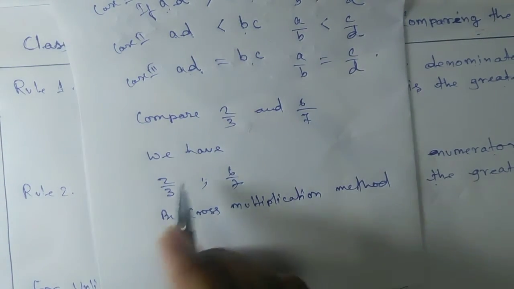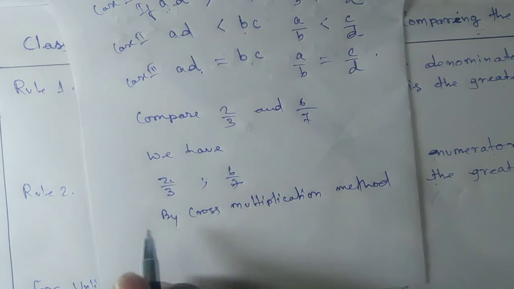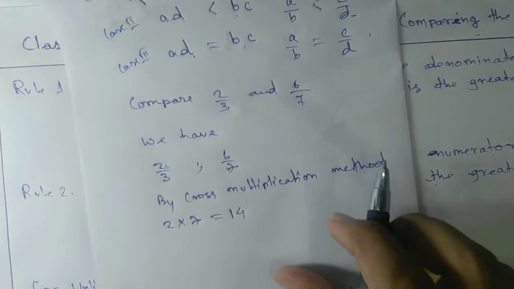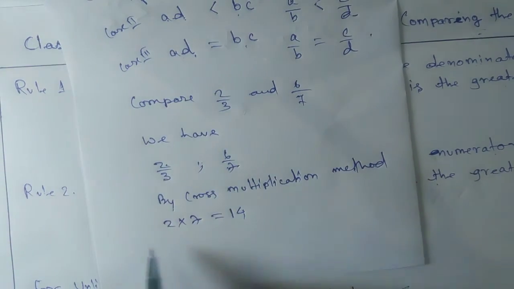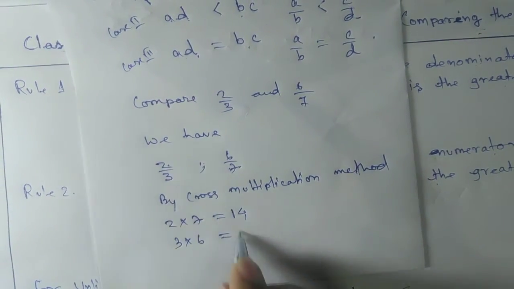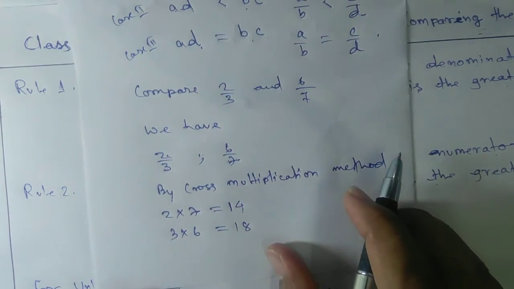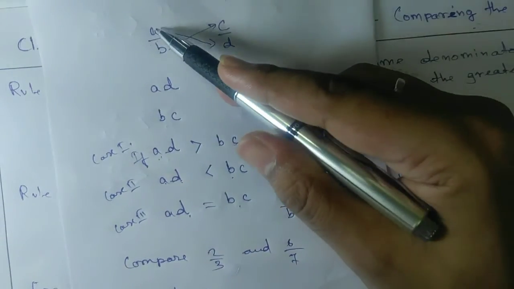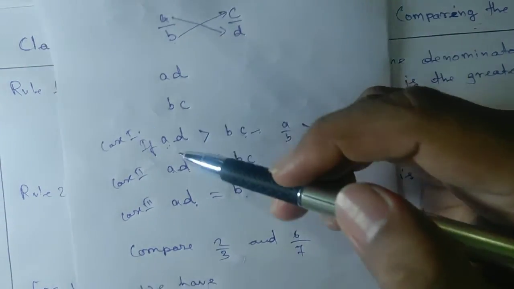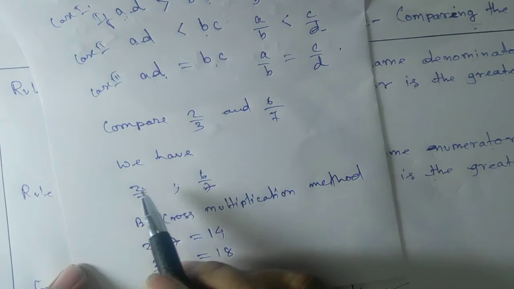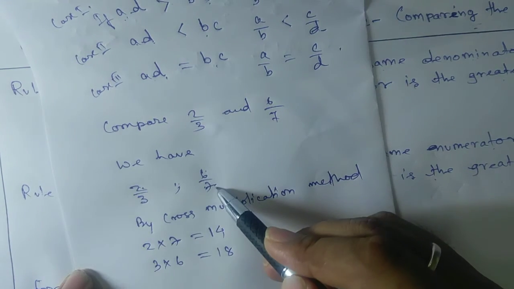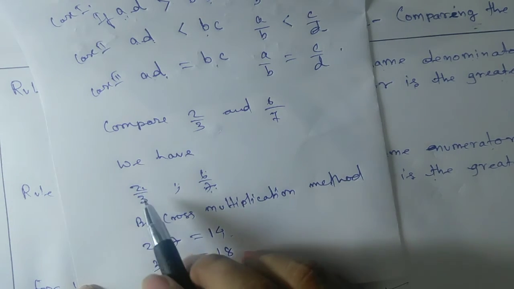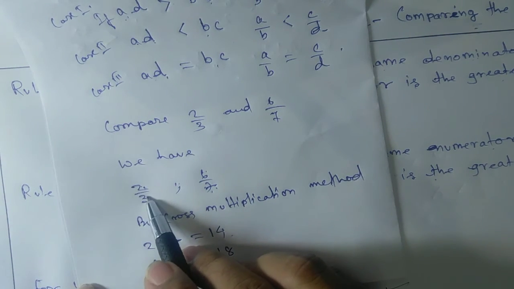Cross multiplication means you need to multiply 2 into 7, so 2 into 7 you get 14. And next you multiply 3 into 6, and 3 into 6 you get 18. If you compare, this is your A and this is your B, and this is your C and this is your D. If AD is greater, then we can say this is bigger.